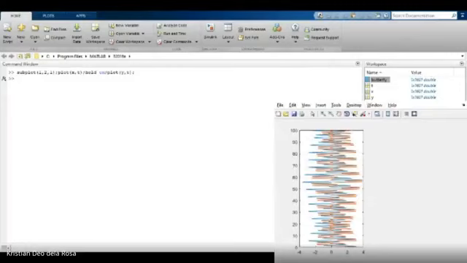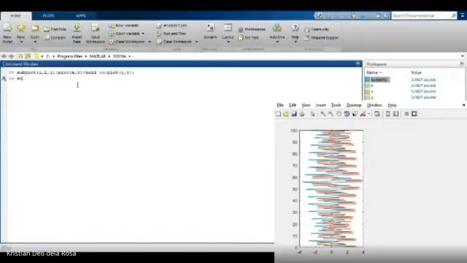Okay, next. Next is subplot. Subplot natin is column number 2. Yeah, number 2. So pag number 2 doon naman sa right side, i-plot naman natin yung y, x.